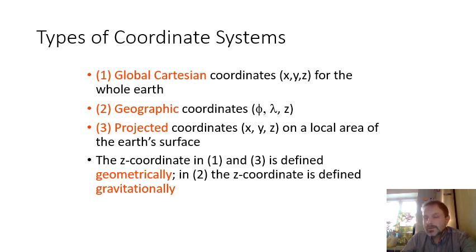We should remember that z coordinates in the first and third systems are defined geometrically, and in the second system, the z coordinate is defined using gravitation potential.